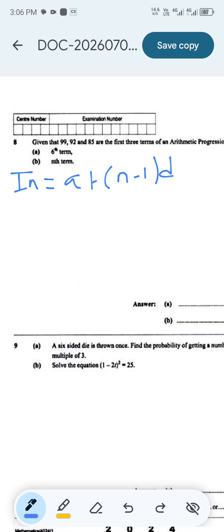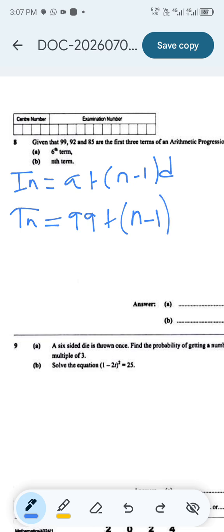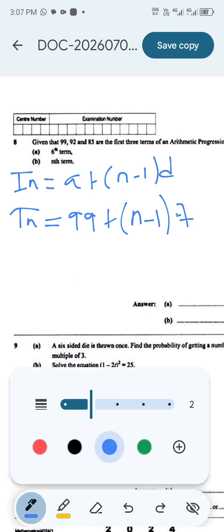When they want you to find the nth term given a certain series, they just want you to substitute the values according to the series you've been given. So the nth term is equal to the first term, 99, plus n minus 1, and the common difference is -7.